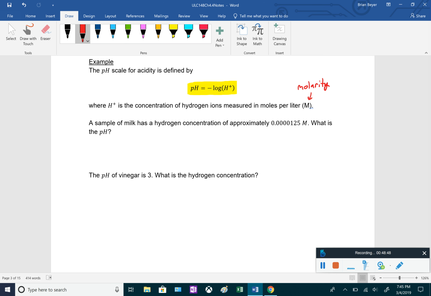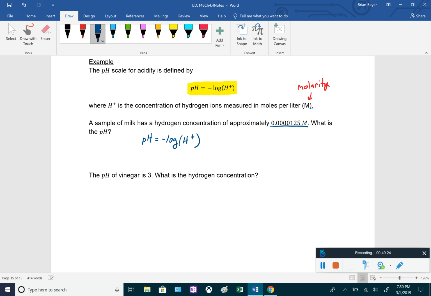Okay, so let's do two questions using that little equation. A sample of milk has a hydrogen concentration of approximately 0.0000125 molarity. What is the pH? So we're looking for the pH of milk given the hydrogen concentration. So pH equals negative log of the concentration of hydrogen ions.